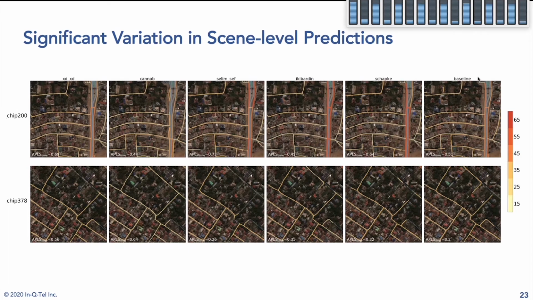If you look at the top row and the bottom row, this is the same scene from all of those different algorithms, and there's quite a bit of variation here. So even though the aggregate scores are pretty close, if you look at small, neighborhood level predictions, there's a lot of variance. That's pretty interesting to be able to quantify.